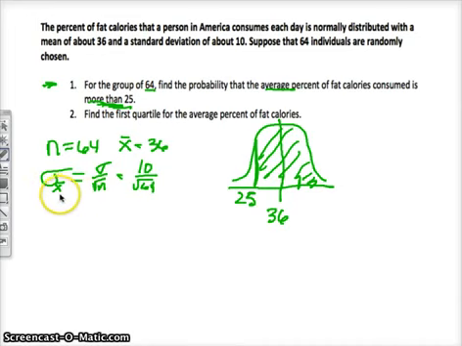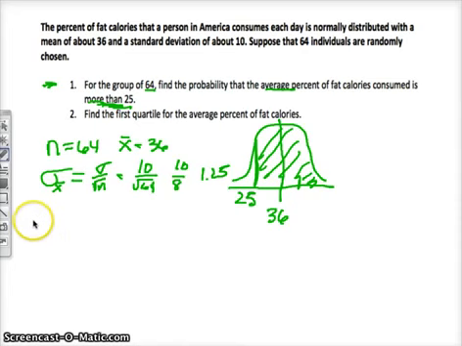Sigma x bar is equal to, there's a formula, 10 over 8, that would be 5 over 4 or 1.25. So what we're going to do is we want to know this area over here to the right.